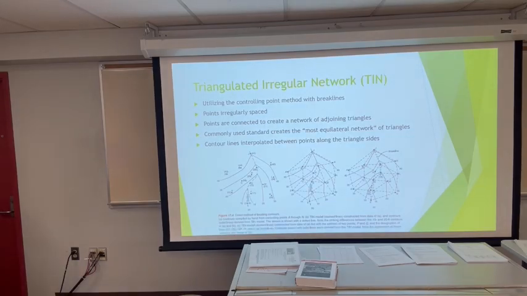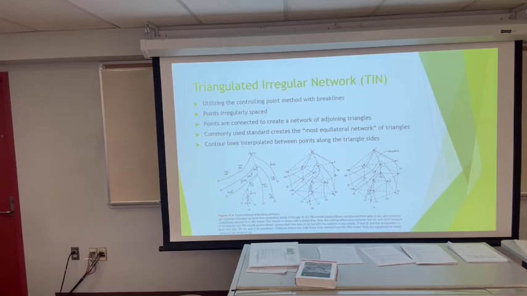Okay, here's that graphic again. This is an abbreviation you'll hear a lot, the TIN. It's a triangulated irregular network. For those of you that'll take Civil 3D, you will build surfaces in CAD, and this is what CAD is doing. It's utilizing the control point method with break lines, points irregularly spaced.